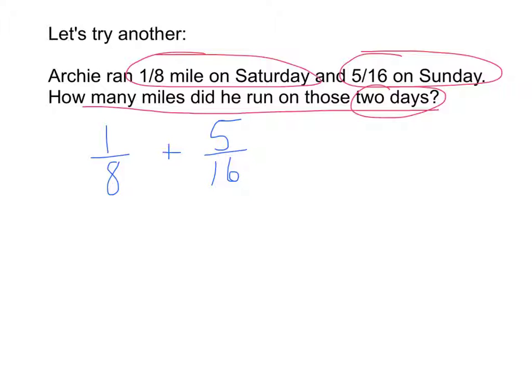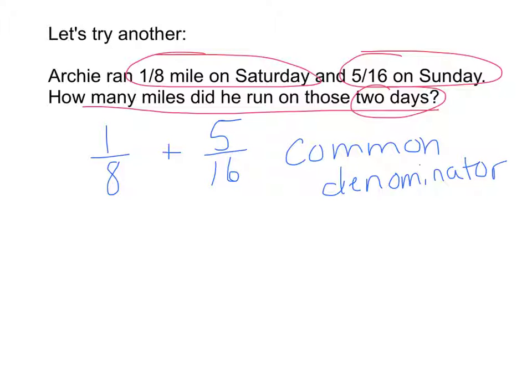My first step is I want to establish a common denominator. I know 8 and 16 are not the same, but I can easily see that 8 is a factor of 16.